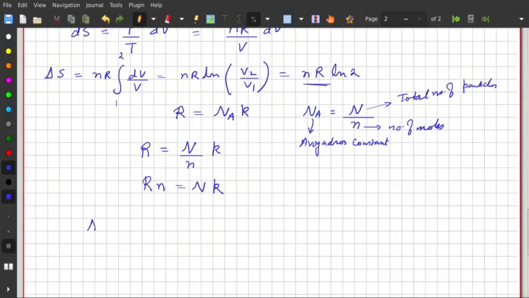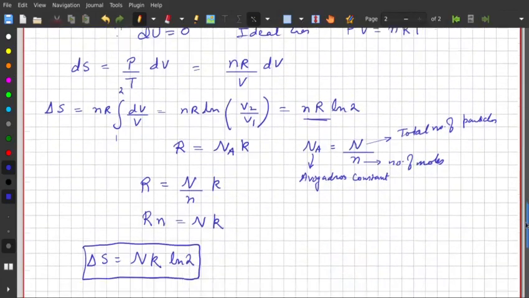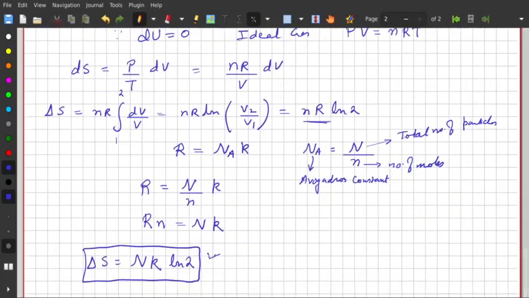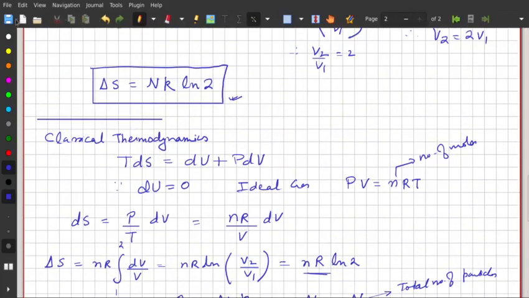That means delta S is Nk log 2. And if you recall from statistical thermodynamics, we come to the similar expression. Compare this with this. So that gave us the expression for the total entropy change during the expansion process, when the gas occupied initially half volume and then expanded after the removal of the partition in between.